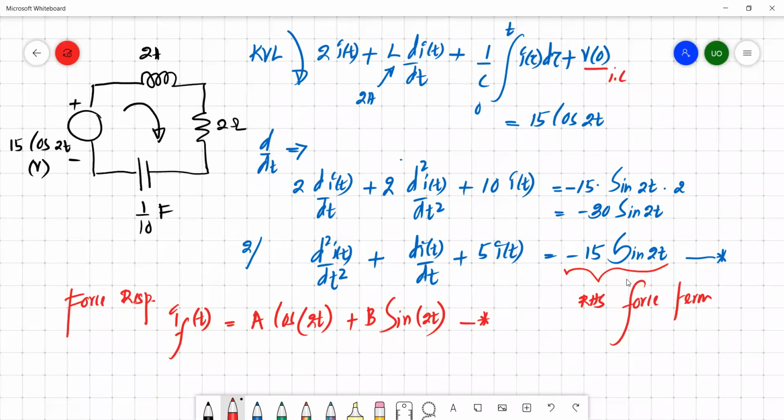So how do you find the unknown quantities? You can assume that the force response is a solution for the original differential equation, substitute it into the differential equation, and find the unknown constants.